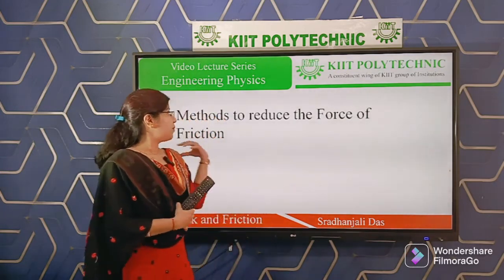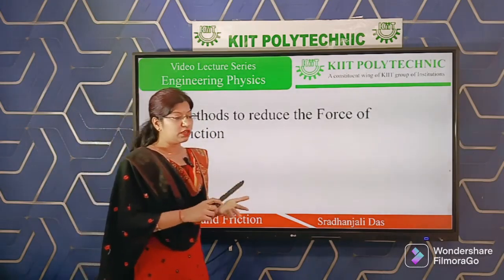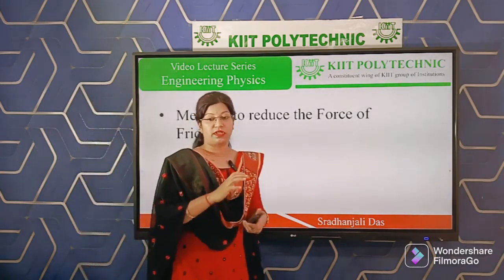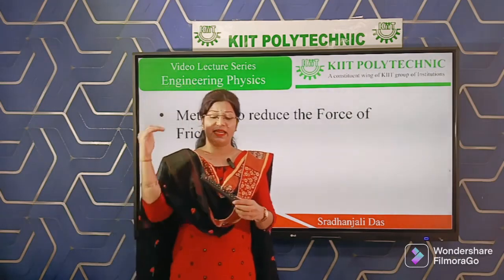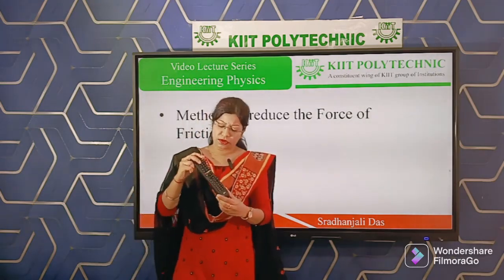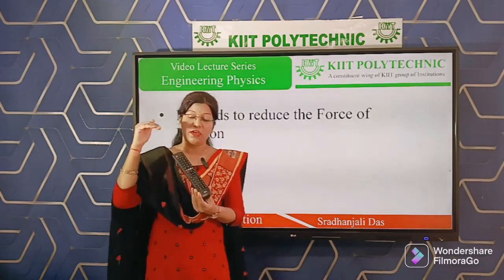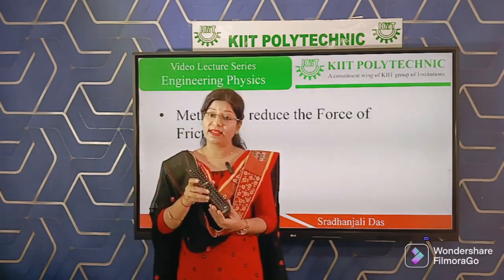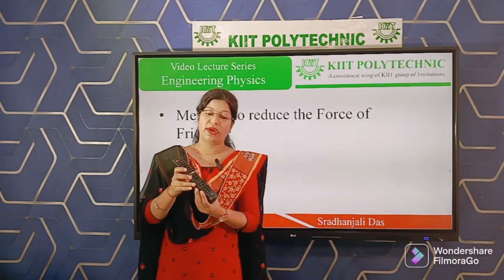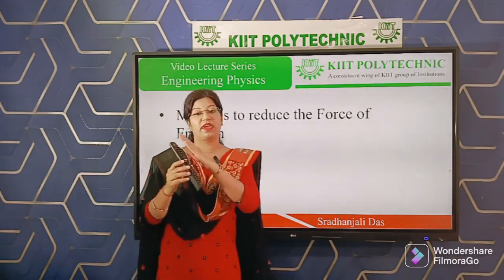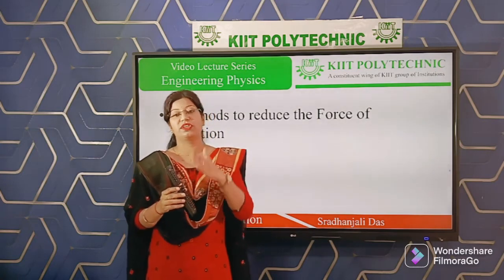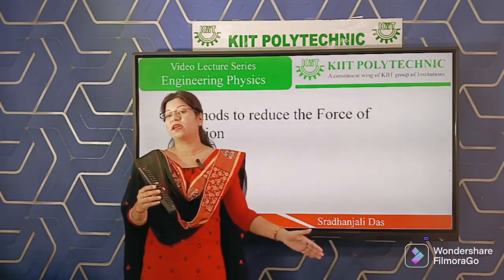First one is rubbing or polishing the surfaces. In a park, there is a slider present. All of us can see that the slider surface is very smooth. Why is it smooth or polished? Because when children go there, they can slide easily. As it is very smooth, the force of friction is very less, so that they can easily slide.